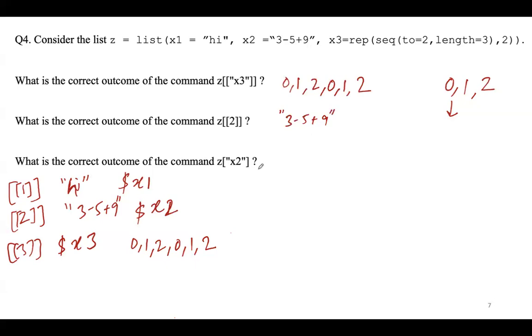What's the correct output of this? 7. There's a missing bracket here. So there should have been a bracket like this, then it would have been correct.